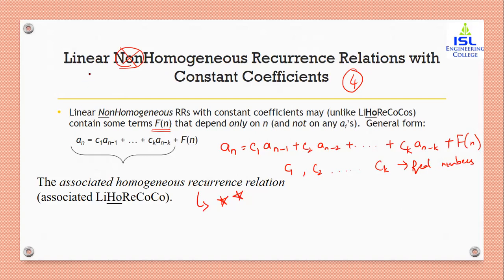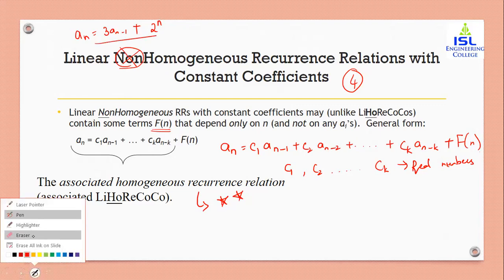One example can be given as a_n = 3a_{n-1}. This is a homogeneous recurrence relation because we don't have anything which is dependent only on n. So this is a linear homogeneous recurrence relation. But suppose I add 2^n or 2n or 5n or simply n squared, then it will be non-homogeneous.